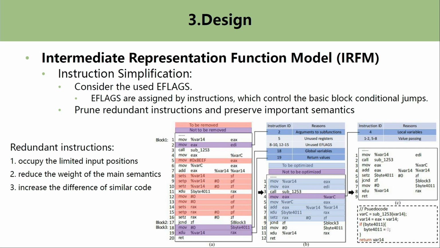For example, for string operands, we extract their common semantics and assign them to their root token. During testing, if the input is in the vocabulary, we use the token embeddings of itself. If the input is an out-of-vocabulary instruction, we use the root token embeddings instead.